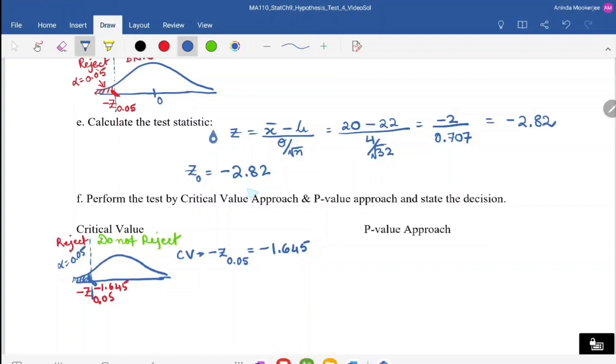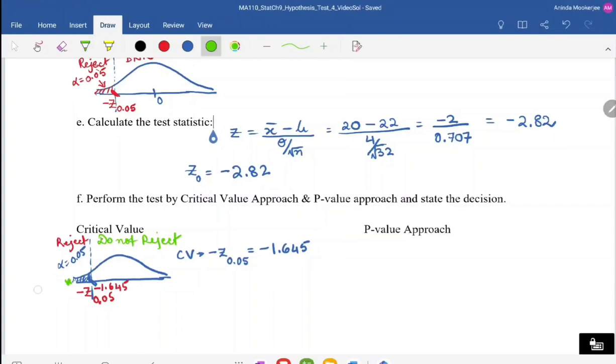So negative 2.82 on this diagram is going to be located way to the left of the cutoff, correct? The cutoff was negative 1.645. Negative 2.82 is less than negative 1.645, so it's going to be located left of our cutoff.